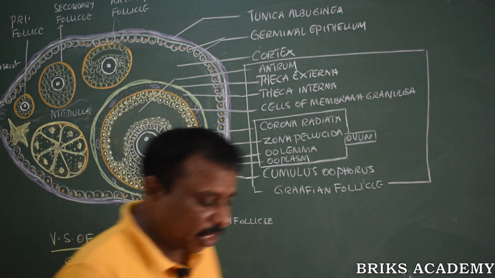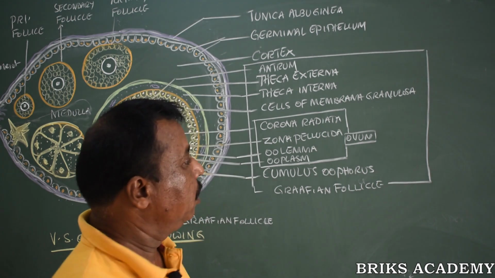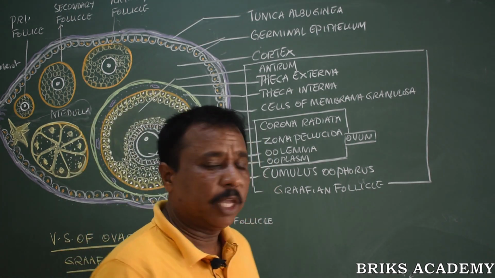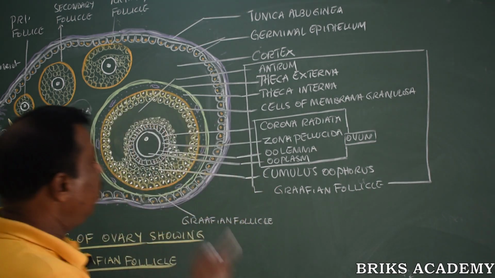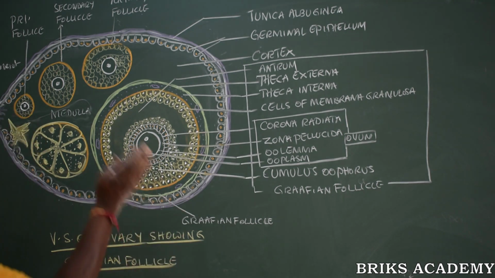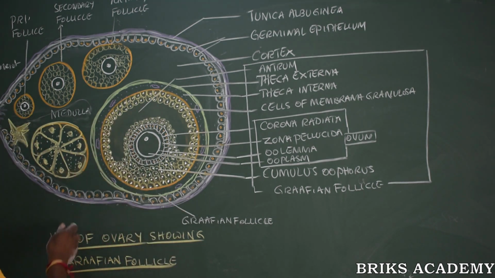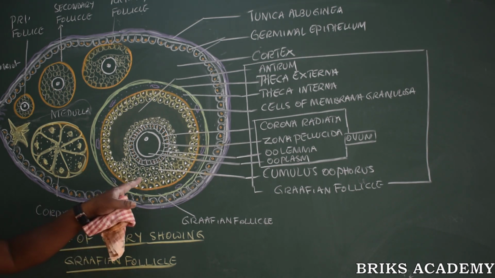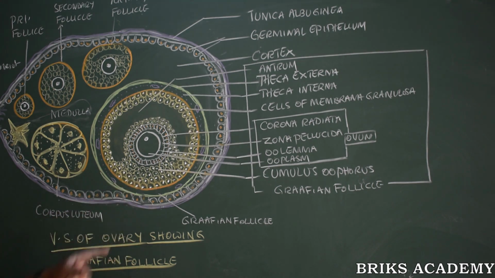At this time, if sexual intercourse is performed and the ovum is fertilized, the Graafian follicle without ovum transforms into corpus luteum. Corpus luteum is also called yellow body, where the cells of membrana granulosa become glandular in nature, become secretory in nature.